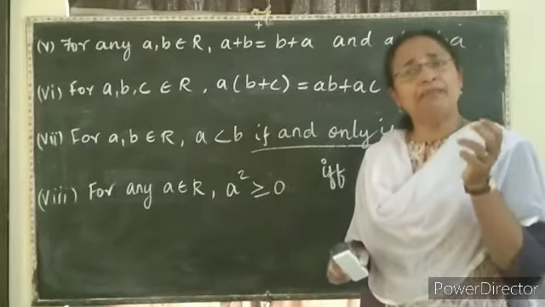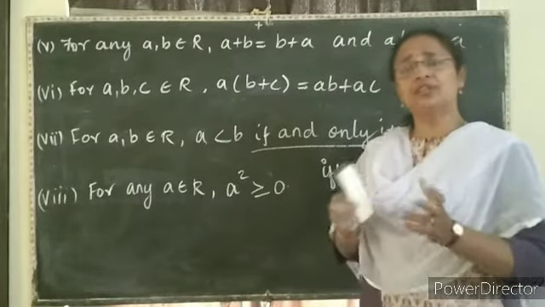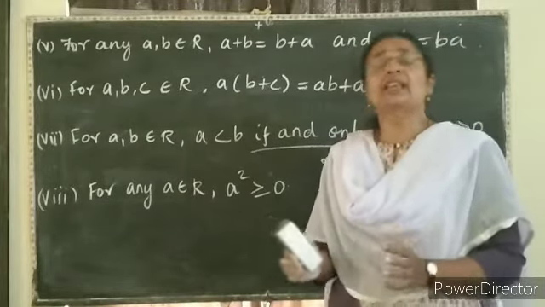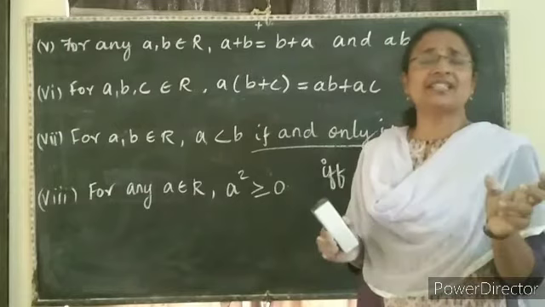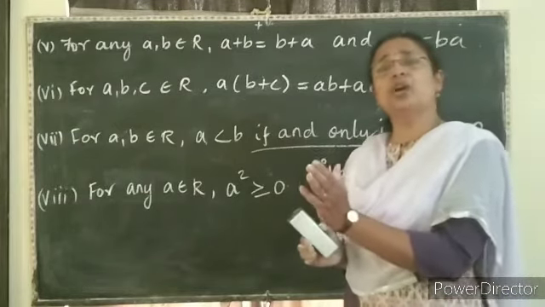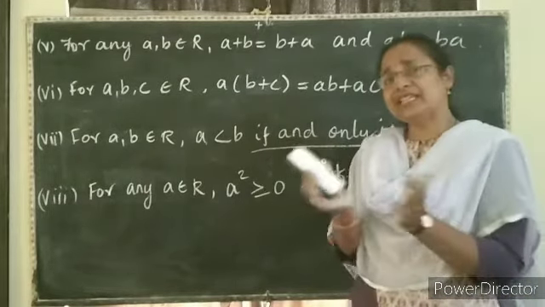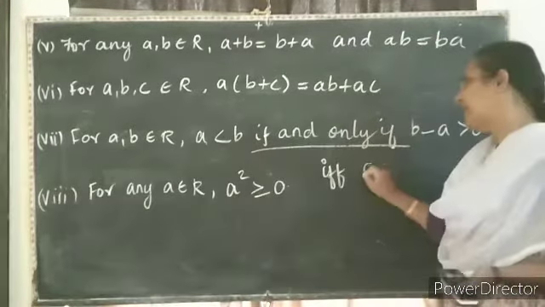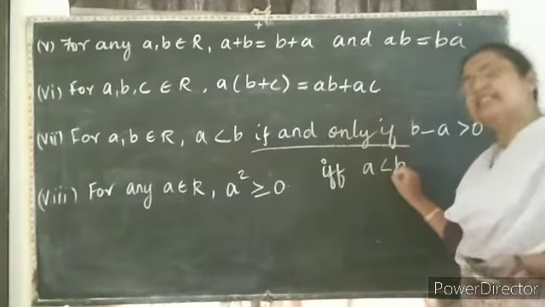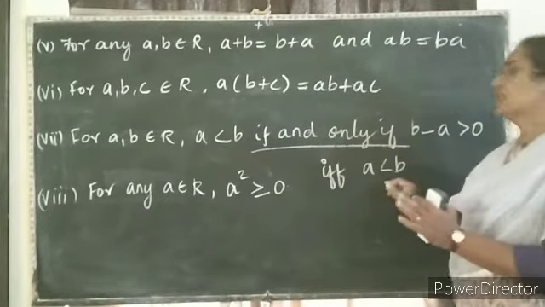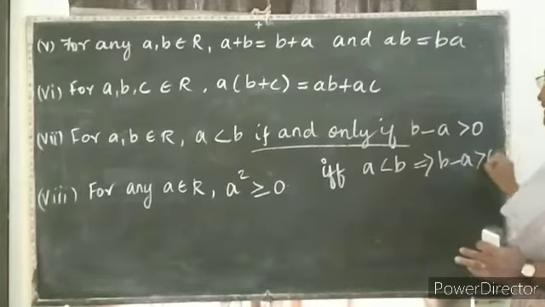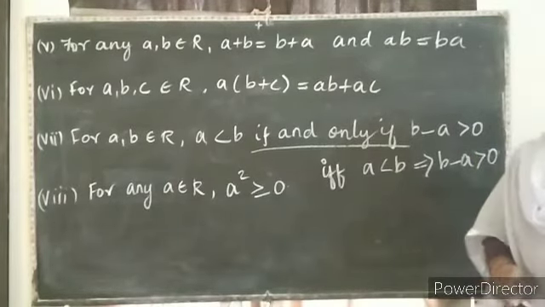If you are a regular, consistent student, consistently learning up to now, if you have passed your 10th standard, automatically you will move on to your 11th standard. So these things will go hand in hand, isn't it? So if the value of a is less than b, definitely we can say the value of b minus a will be greater than 0.